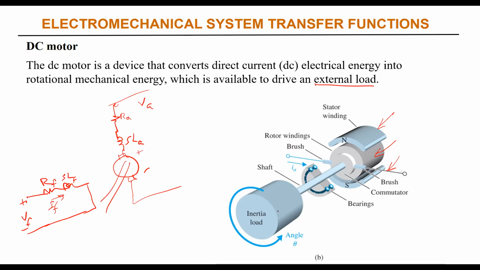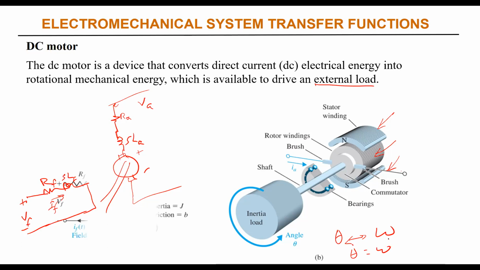I'm driving a load. So what do I measure in the load? The rotation speed, or the position, either theta or omega. But of course they are related, because the derivative of theta equals omega.